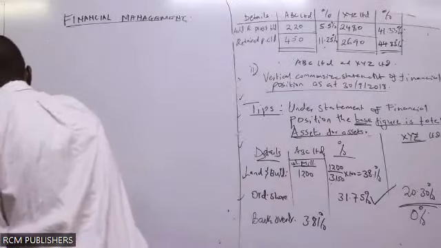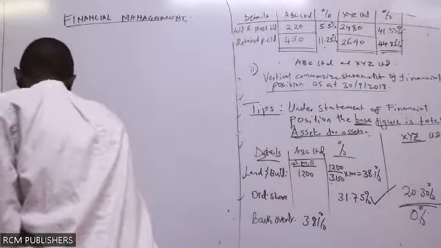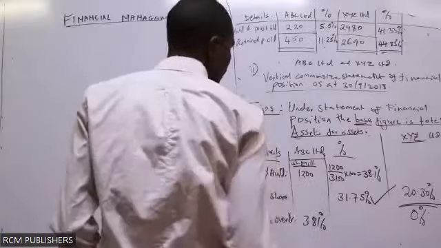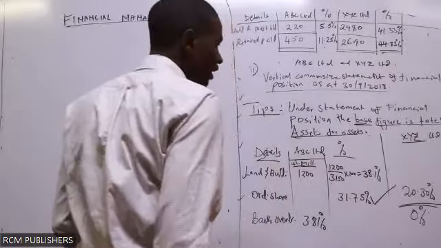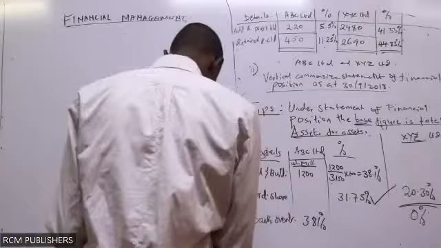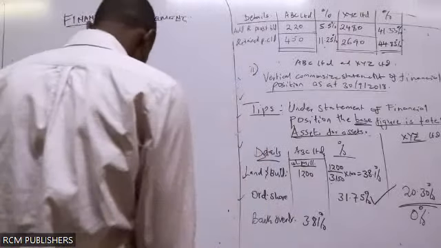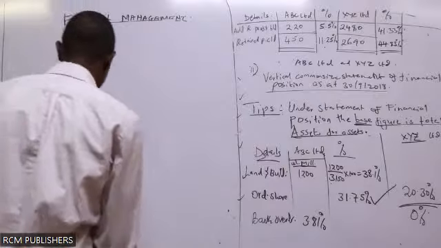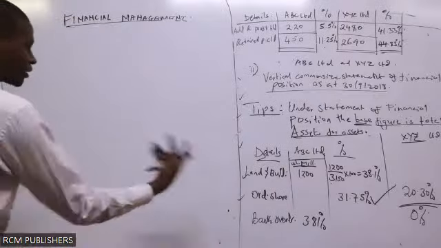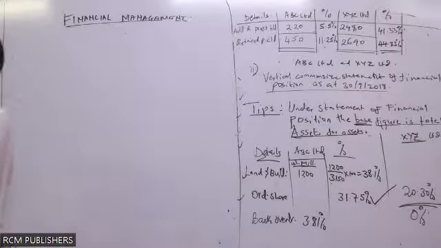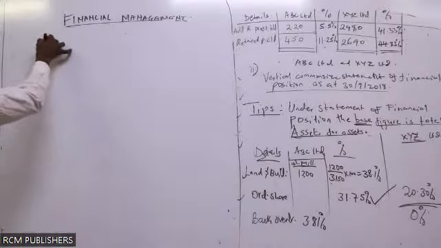To analyze your statement of financial position, you just look at what you have from both companies, and then you indicate whether it was higher or lower. So let's look at something small here, percentage of sales method.